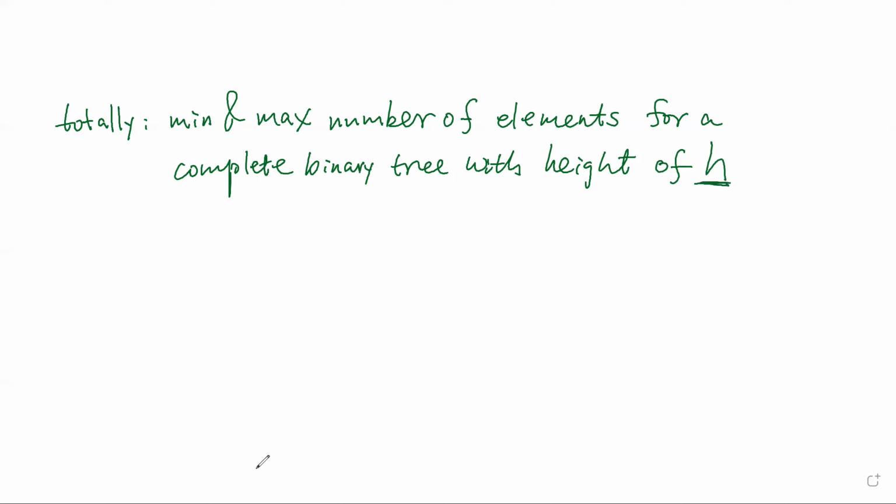So how do we determine this? Just think about it. What will be the minimum and maximum if, suppose, the tree's height is h? So let's draw it, kind of looks like this.